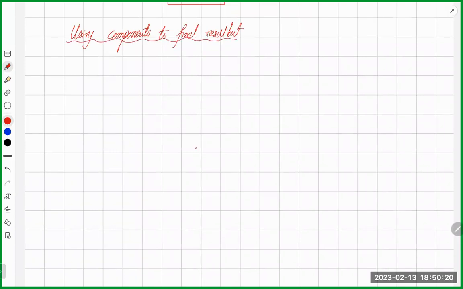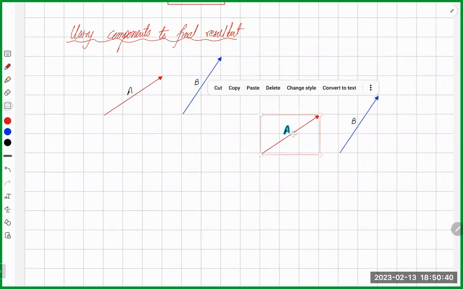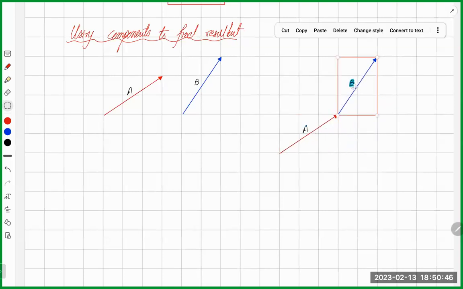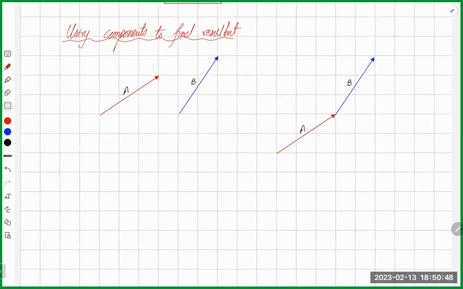See, if we have two vectors like this, and as we have already done, we can connect them from head to tail. And the resultant can very easily be drawn over here.